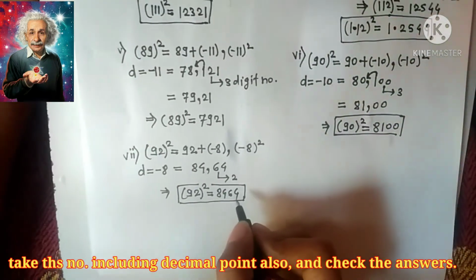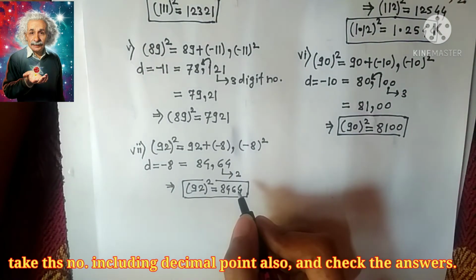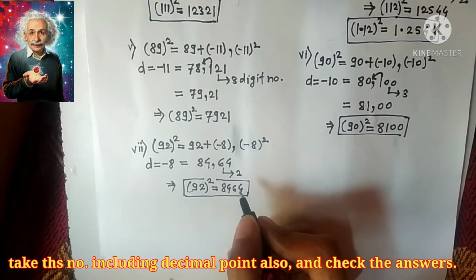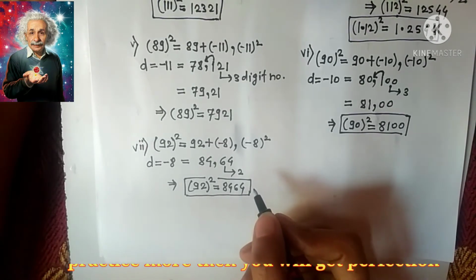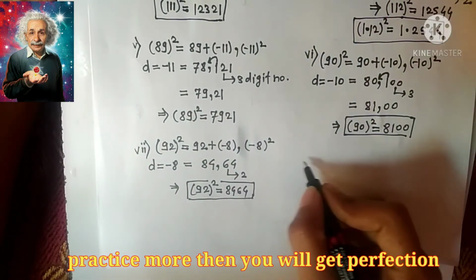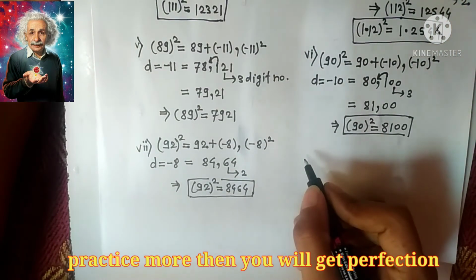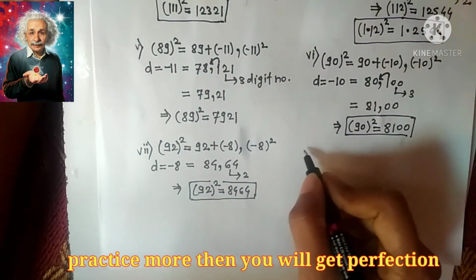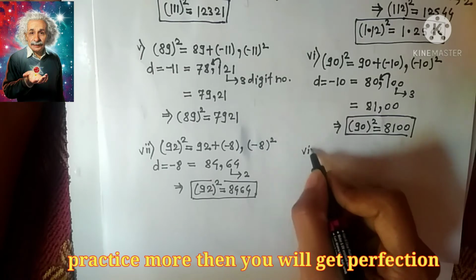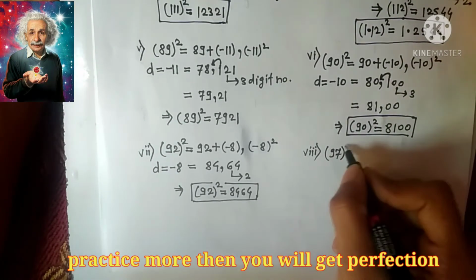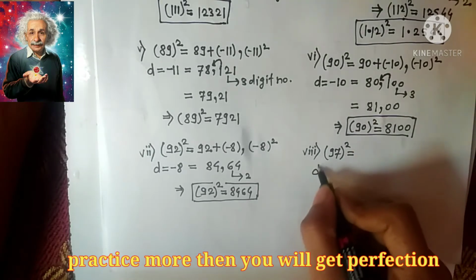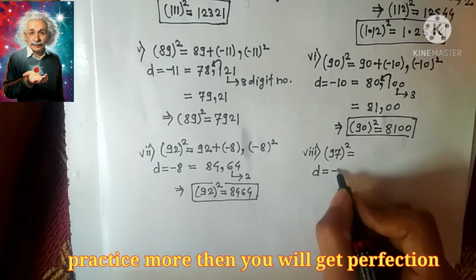Now if we have to find the square of 97 or 93, let me take the example 97. For 97 the distance d is minus 3.